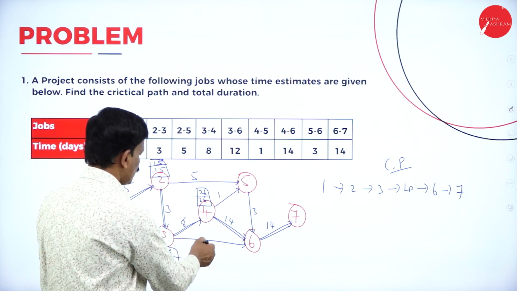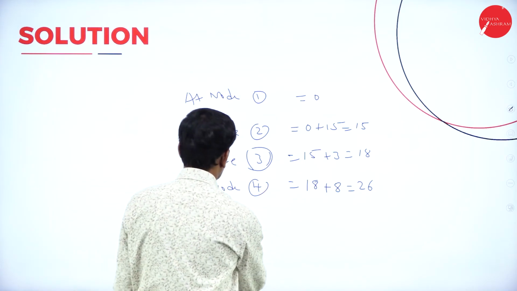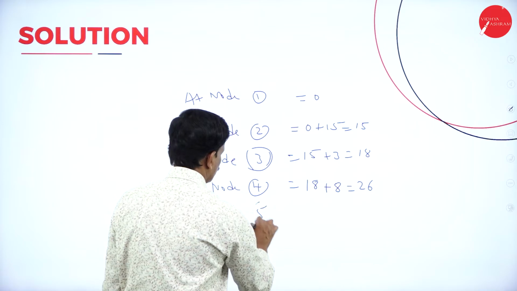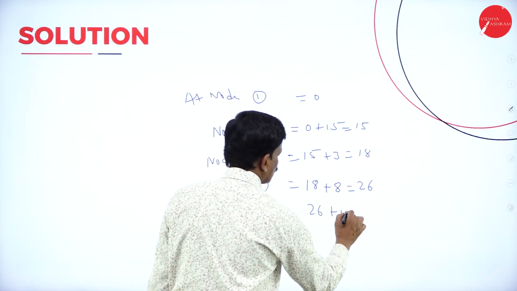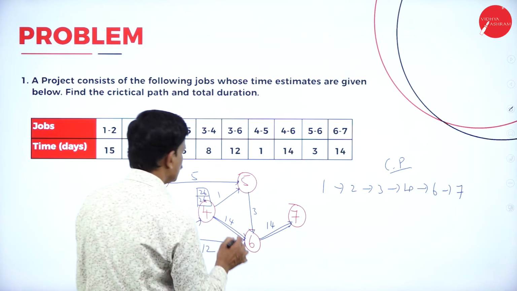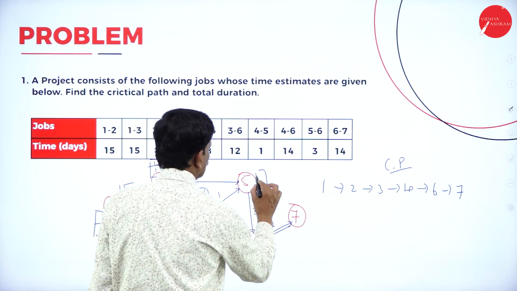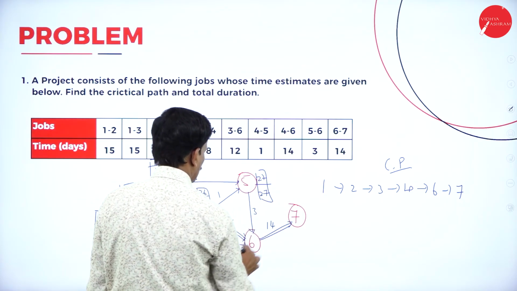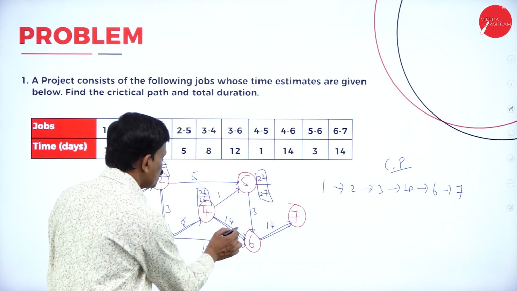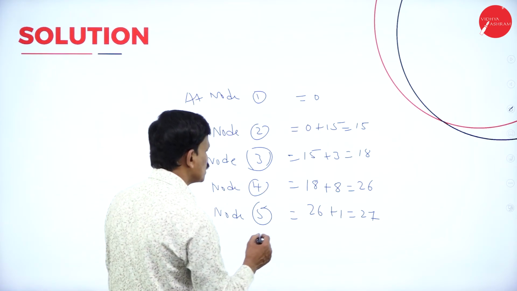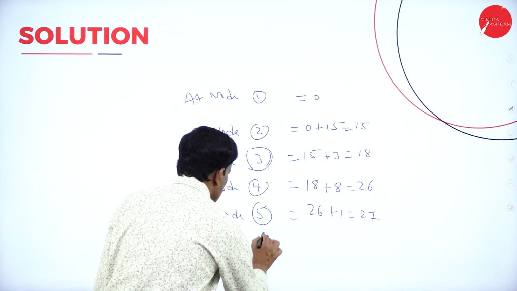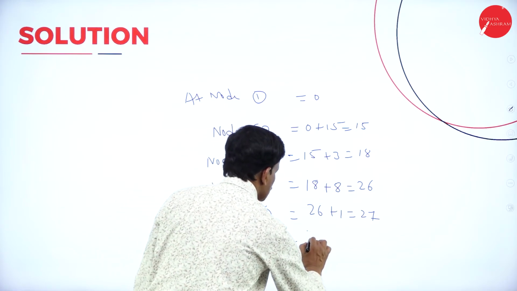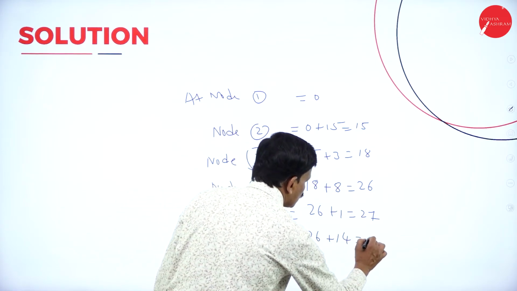Again at node 5, 26 plus 1 is equal to 27. At node 6, we have 14 plus the previous one, that is 26, so 26 plus 14 is equal to 40.